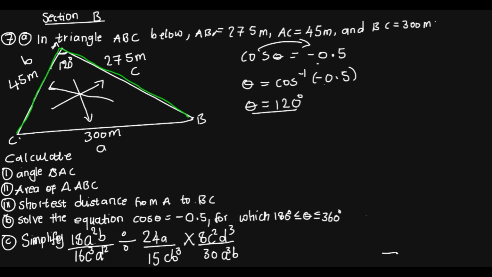So what you do here, let's remove the negative so that we have 0.5. So cos inverse of 0.5 will give us what? 60. So now since we have the 60 in the first quadrant, we are going to add 60 plus 180.